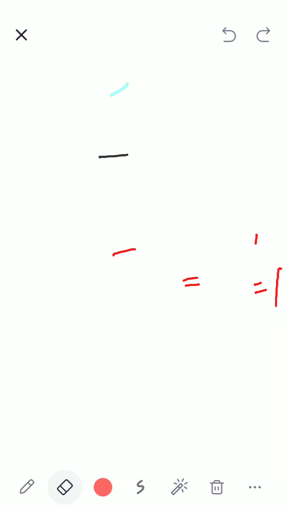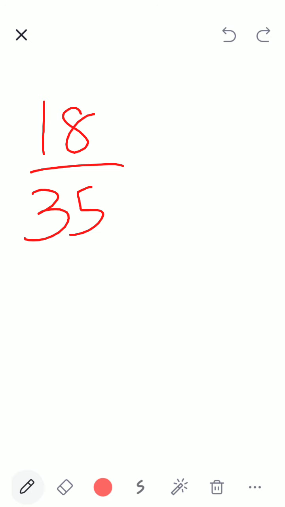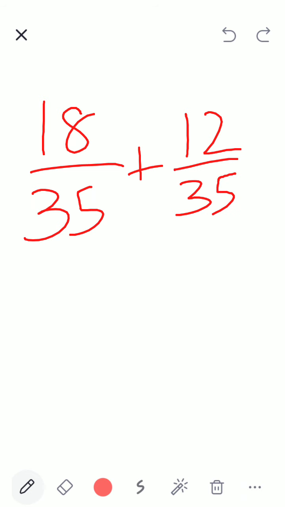If suppose I change this and write 18 by 35 plus 12 by 35, what will be the answer?